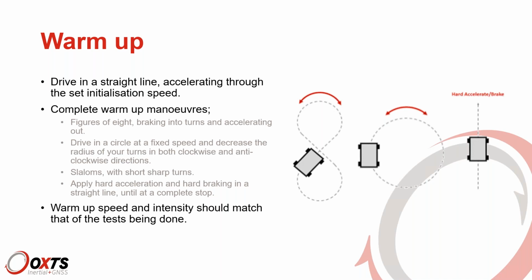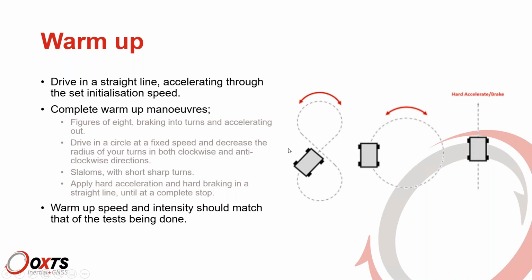You can change the lever arm settings. The RT will learn where the antenna is relative to the RT through these maneuvers: things like figures of 8, circles with a decreasing radius, slaloms, and hard acceleration and braking will all help the unit learn where the antennas are relative to the RT itself to a higher accuracy.